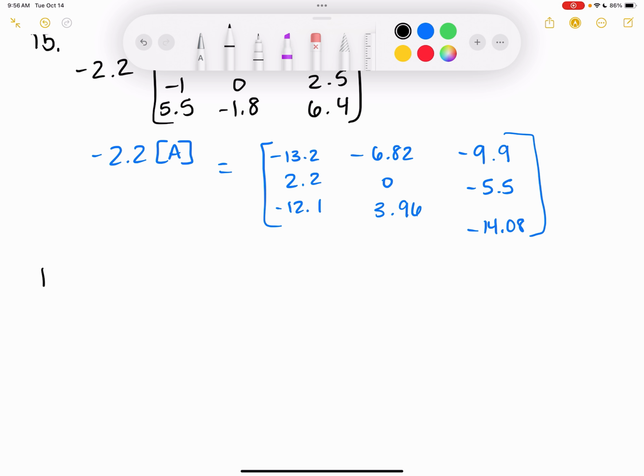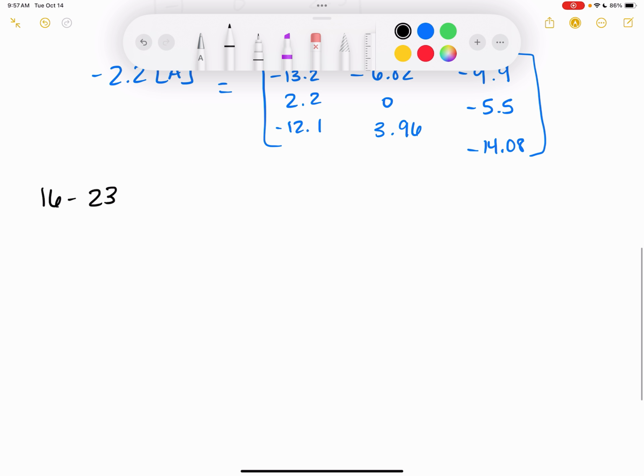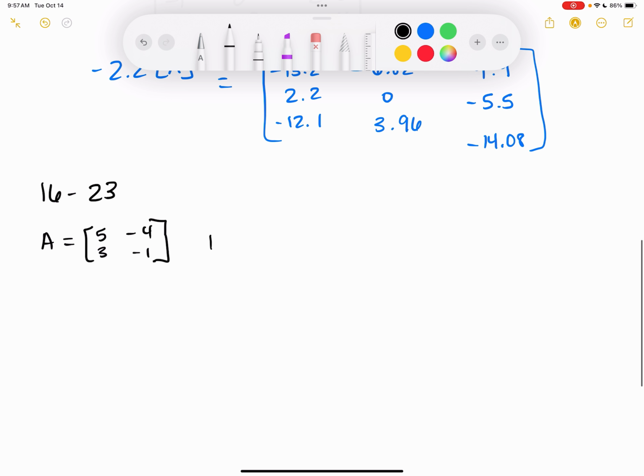All right, for 16 through 23, we have 4 matrices that are given to us. A is a 2 by 2: 5, negative 4, 3, negative 1. B is also a 2 by 2: 18, negative 12, negative 6, 0. Jonah, shut up. Sorry.